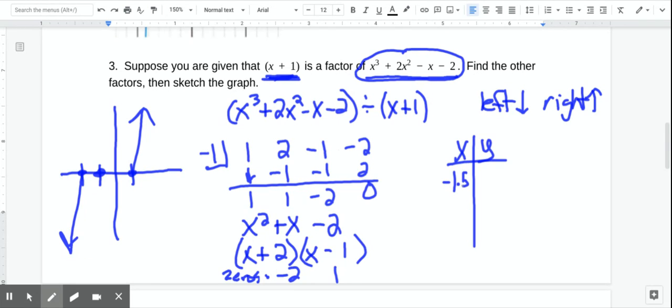If we plug in -1.5, I think we get something that's positive. You're plugging it in up here. If we plug in 0, we're definitely getting something that's negative. So we know this graph looks like that. We'll check out some more examples just like this in the next video.